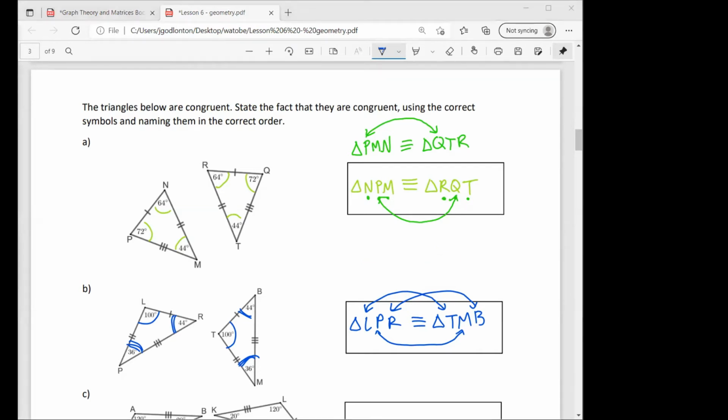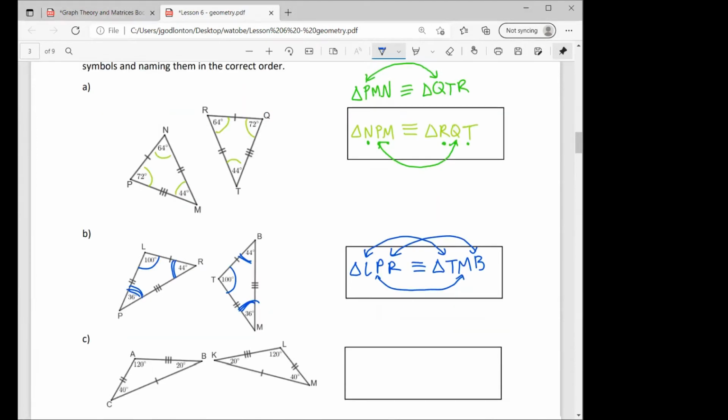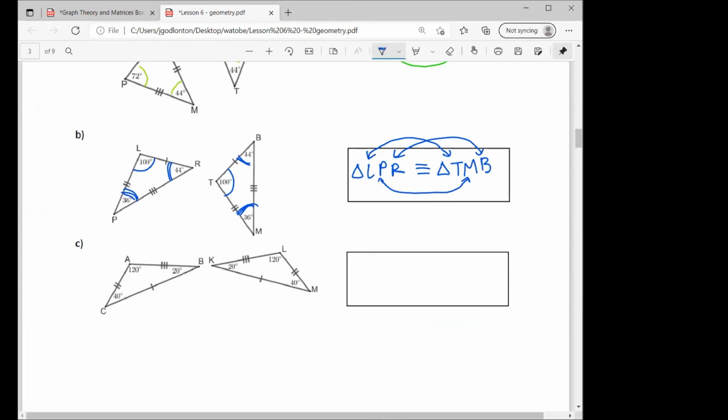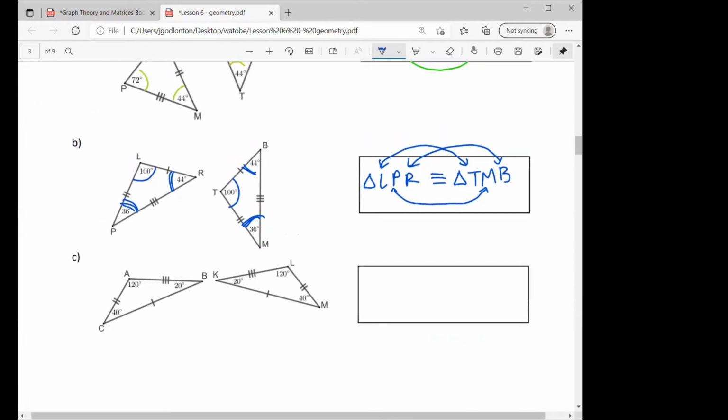Okay, so let's have a look at C. This is the last one we're going to do like this, and then we're going to take it up a notch. So focus super hard. Your first triangle, you're looking at this triangle. Your second triangle, you're looking at that one.